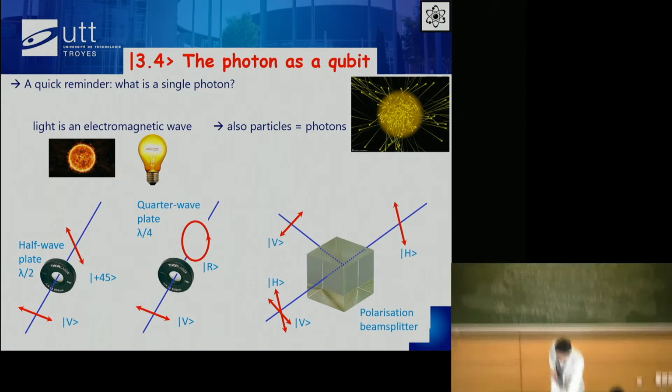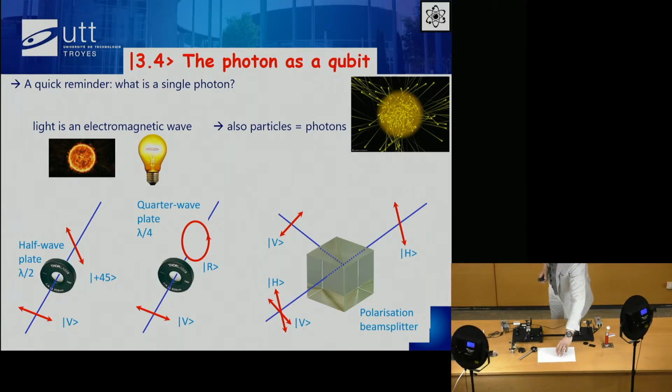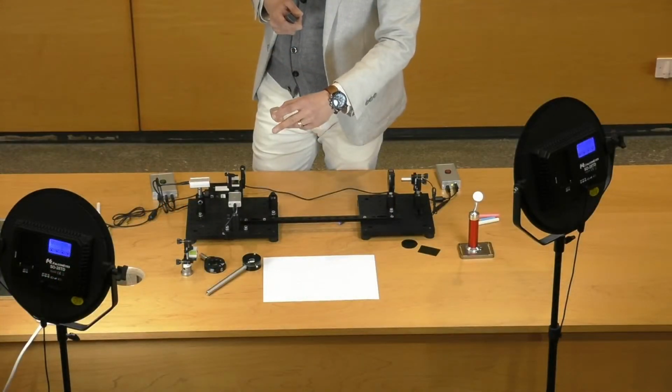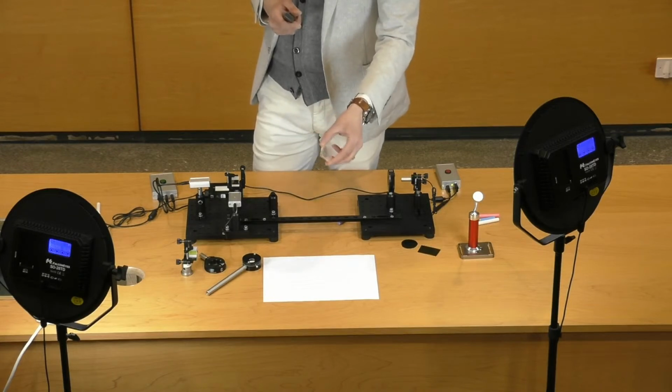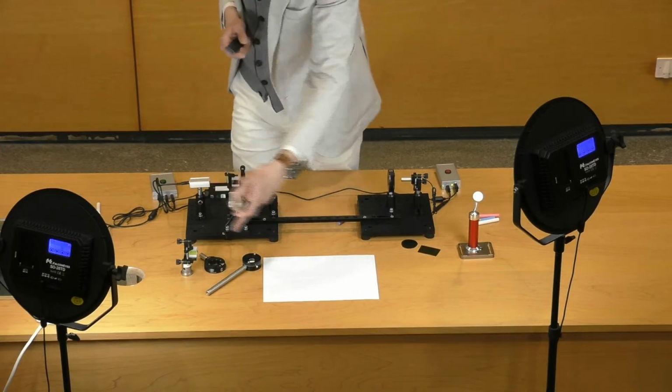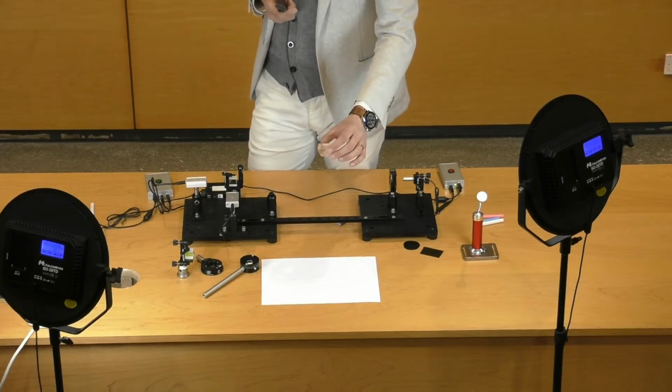So I don't know if you can see that, but I will do it anyway. This is what we call a birefringent crystal. This is a particular crystal that has the property to split the light according to the polarization state. So all these components I just showed are basically more or less fabricated in this type of material.